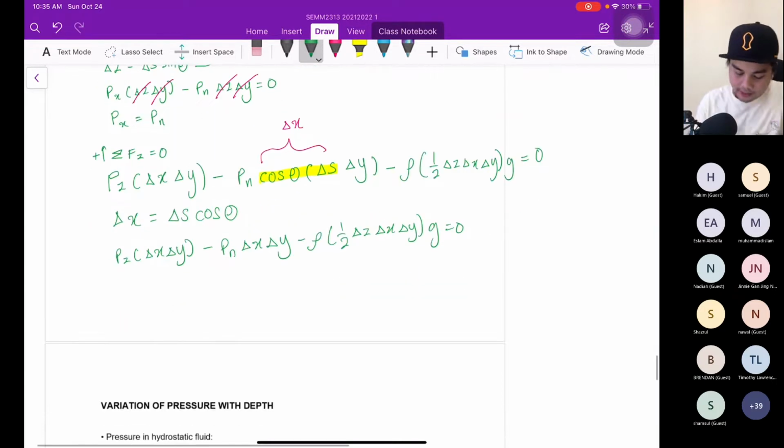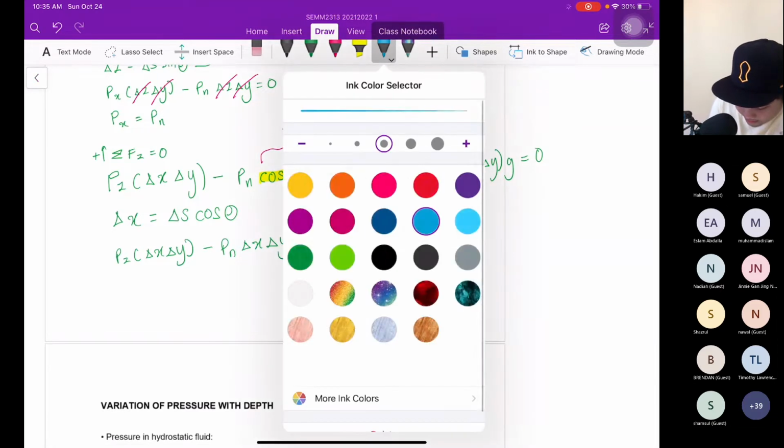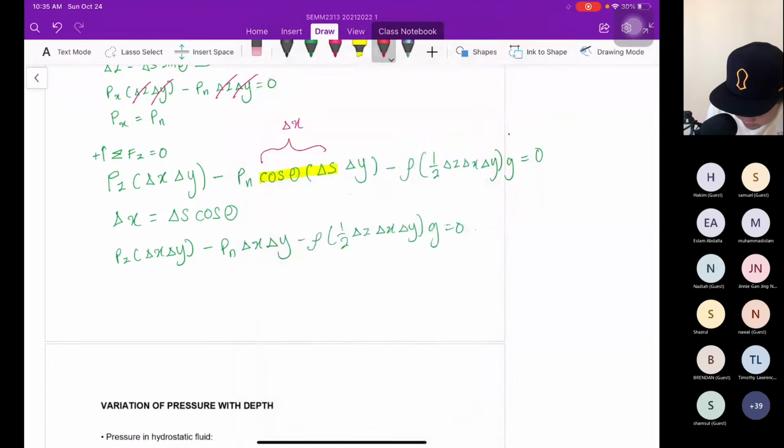And then we can simplify further by cancelling out. Let's see, we can cancel out delta X delta Y. And then what do we have?